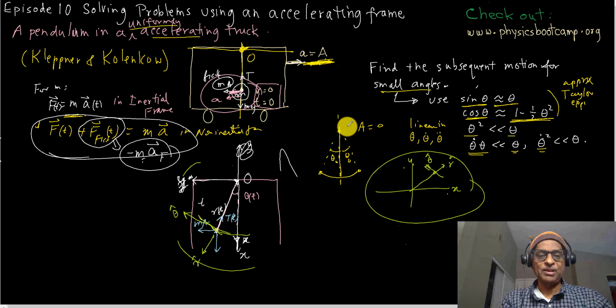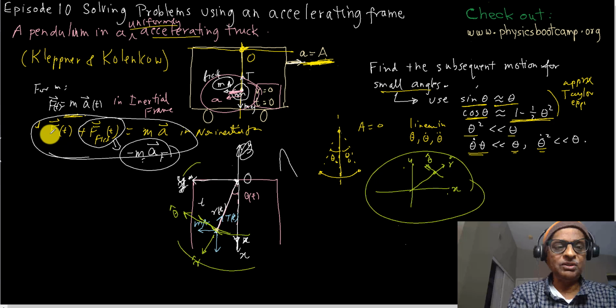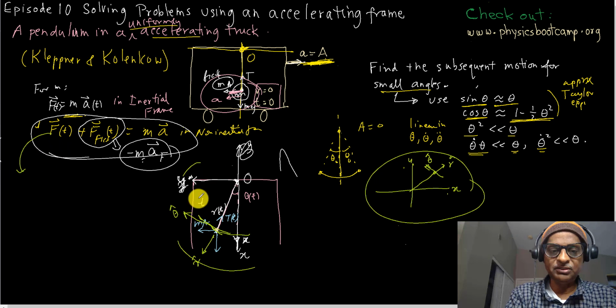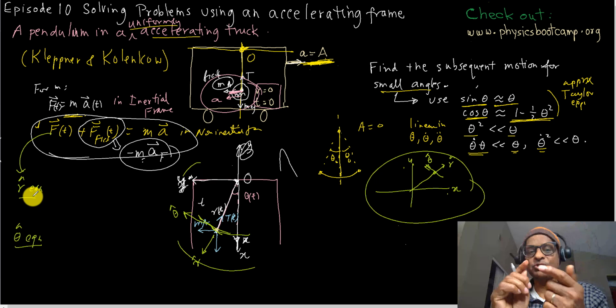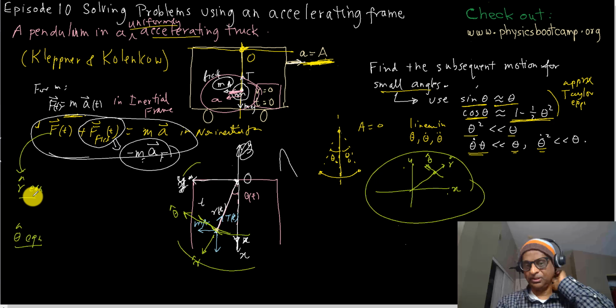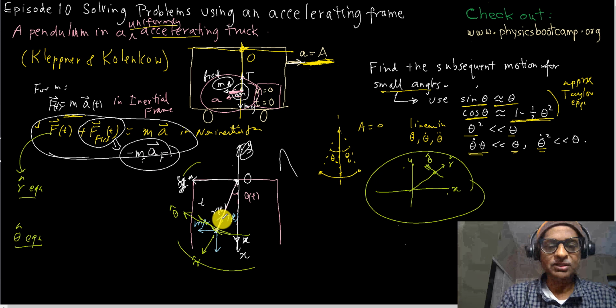Okay, so in the radial coordinate, this equation will be one along the r direction, so the r hat equation, and then you can have a theta hat equation. So just like the x equation and y equation, in the radial coordinate it will be like that. When you look at this, tension is all in the radial direction, pointed opposite to the radial direction.